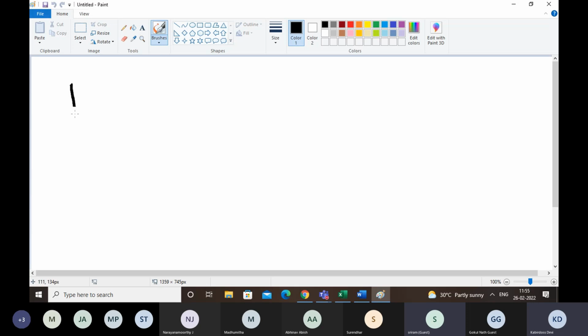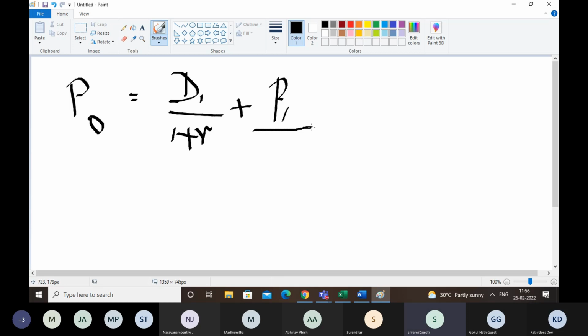So the formula is P naught is equal to, since it is a dividend model, the dividend given, D1 divided by 1 plus R, plus P1, that is the price at the end of the period, divided by 1 plus R.